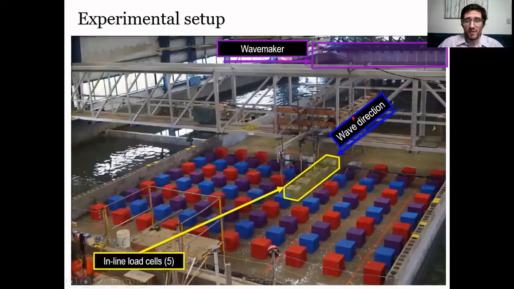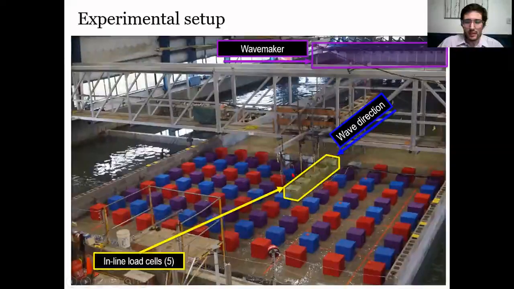In this figure, you can see the wave maker in the back. The waves traveled from the back to the front, as you can see in the arrow. And here you can see the 10 by 10 building array, but I would like to focus our attention on these 5 buildings that are highlighted in yellow. They were instrumented with inline load cells.